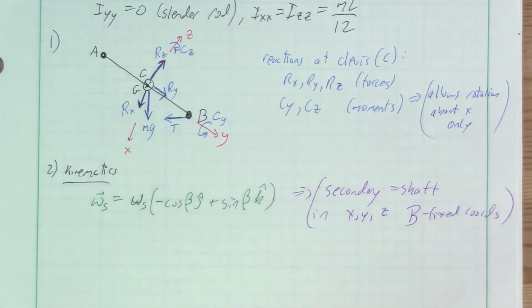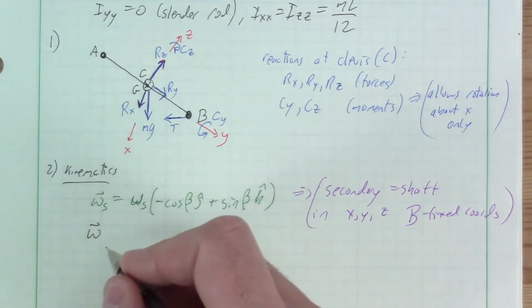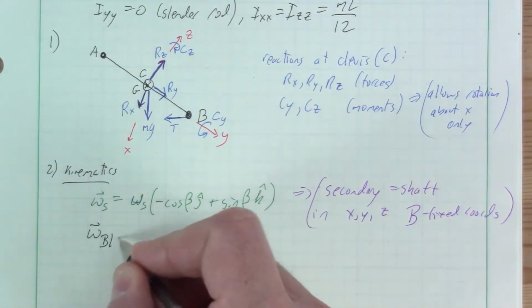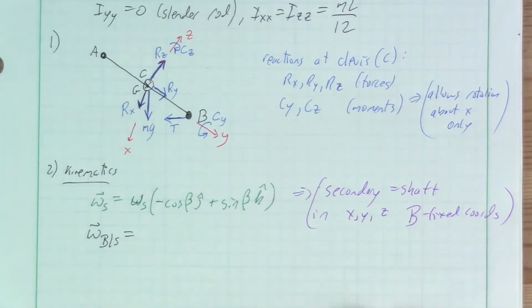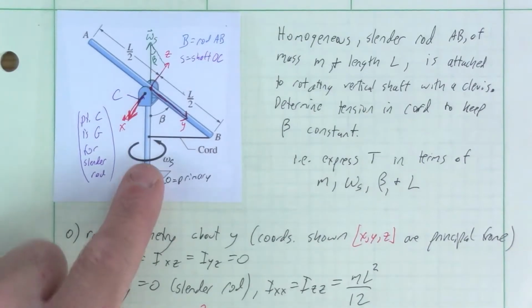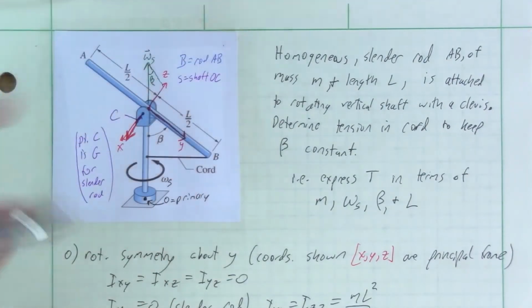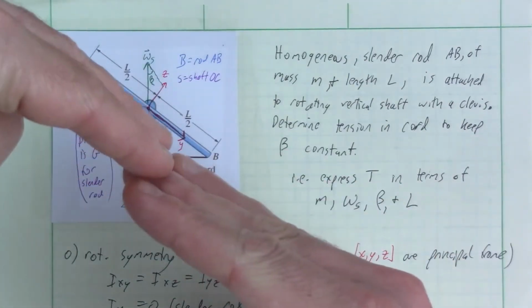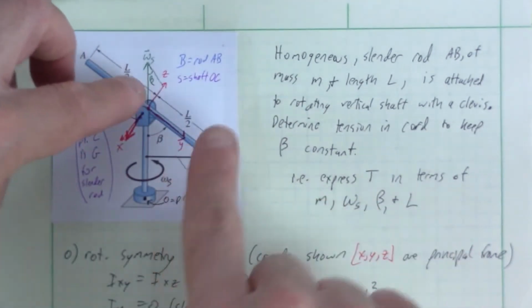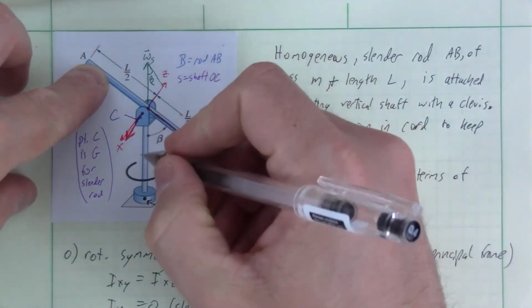Now the other rotation that is going to show up here is the rotation of the body with respect to the shaft. Well, that's imposed by the problem statement to be 0, right? We want to know the tension to keep this from rotating at all. So yes, the shaft is rotating this way, and the rod could rotate that way, but we want there to be no rotation from an observer standing on the shaft.